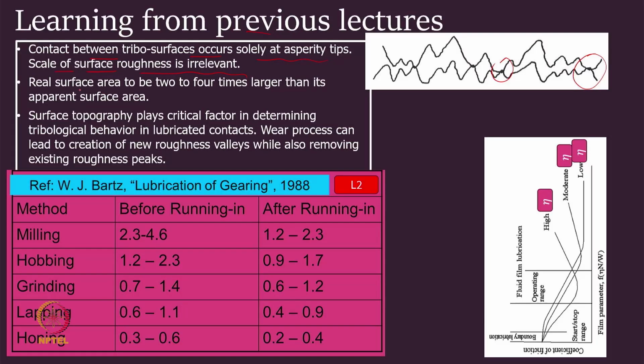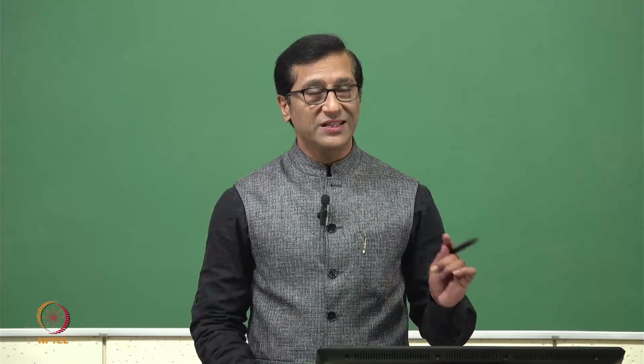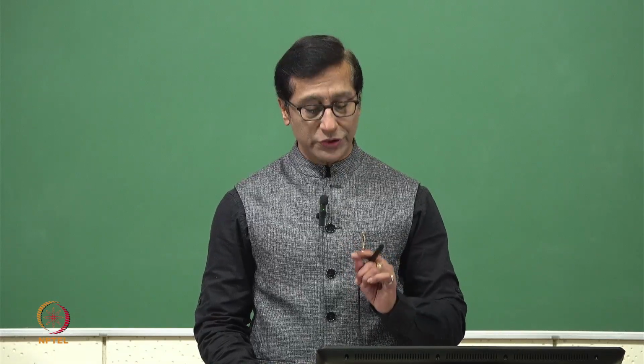Now the next one is interesting. We say the real surface area is 2 to 4 times larger than its apparent area. Don't get confused. This is the real surface area of surface 1 and surface 2.